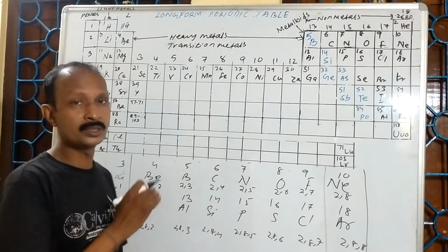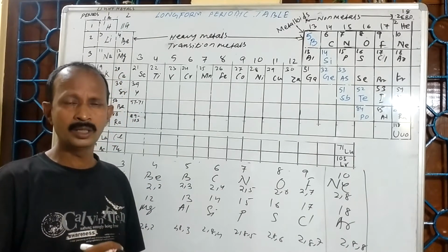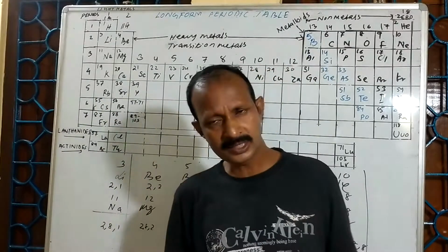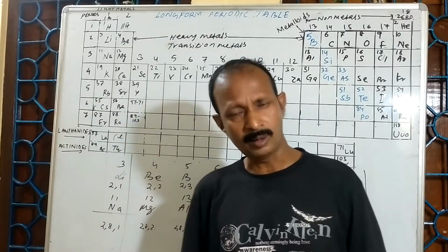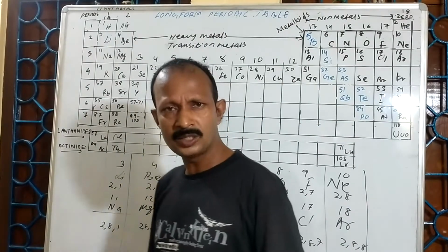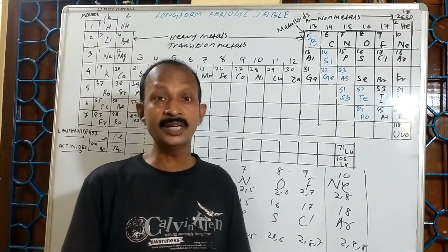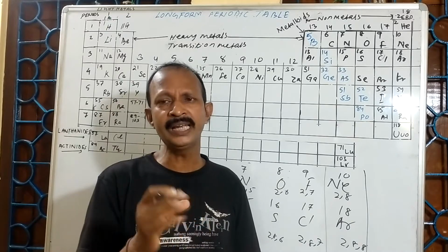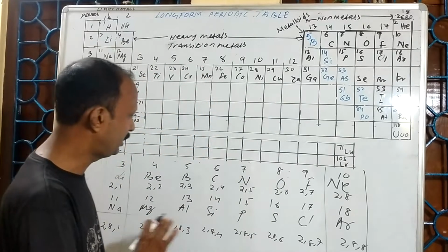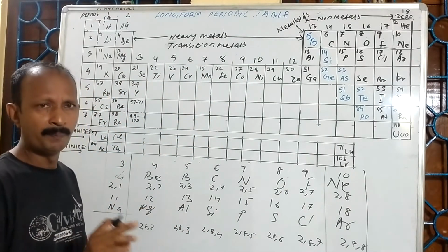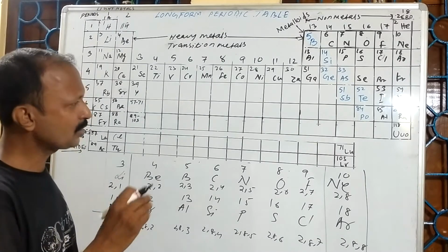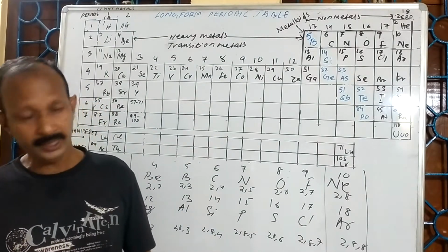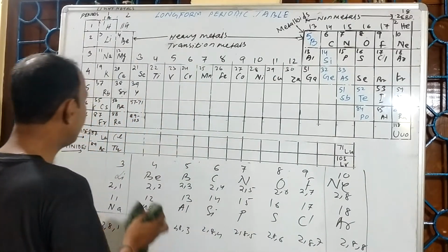So just as I wrote the modern periodic law, the properties of elements are the periodic function of their atomic numbers, I can say the properties of elements are also periodic functions of their electronic configurations. This is the speciality of the modern periodic law. This is the explanation again regarding the modern periodic law. Based on this law, a periodic table was proposed, or prepared, by Niels Bohr.